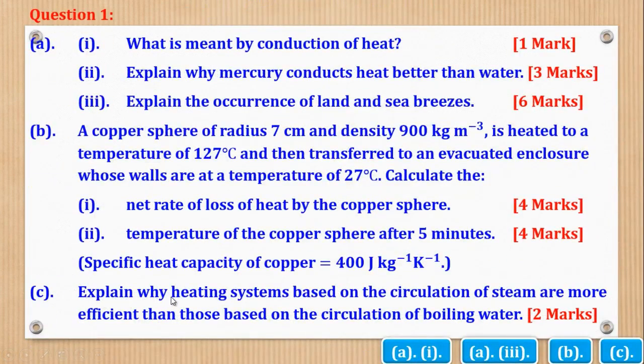Part C says, explain why heating systems based on the saturation of steam are more efficient than those based on the saturation of boiling water.